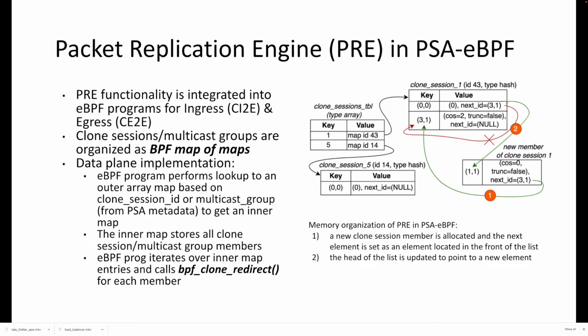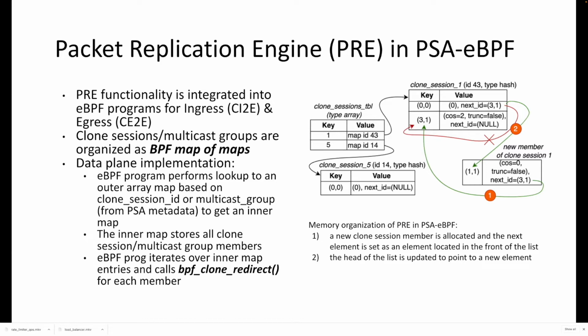The inner BPF map stores members that include all necessary information to perform packet cloning. The entries are organized as a linked list abstraction that enables more efficient iteration over the entries from within an eBPF program. In the data plane, eBPF program firstly performs a lookup to an outer BPF map to get an inner map based on either clone session ID or multicast group.